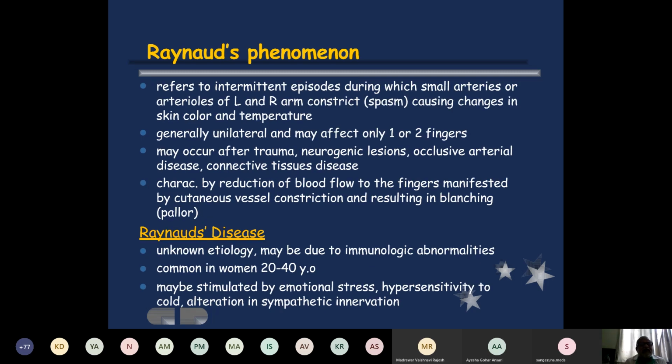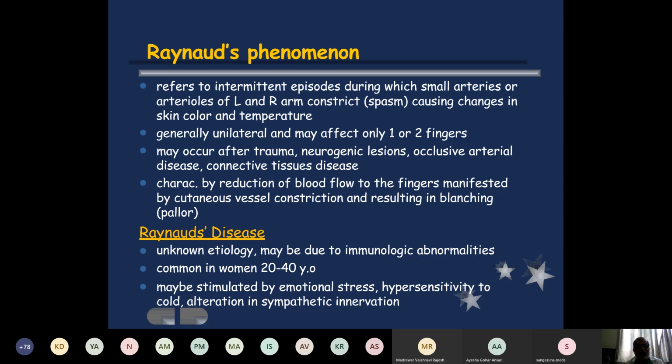Raynaud's phenomenon refers to intermittent episodes during which small arteries or arterioles of the arm go into spasm, causing changes typical of peripheral vascular disease. It is generally unilateral and may affect only one or two fingers.